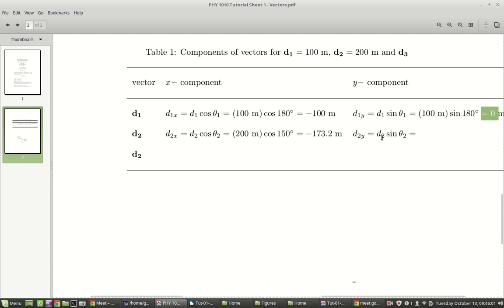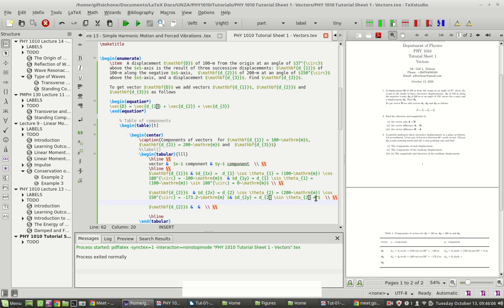There, d2y is equal to d2 sine the angle it makes with the positive x-axis. So how much is d2? 200 meters.